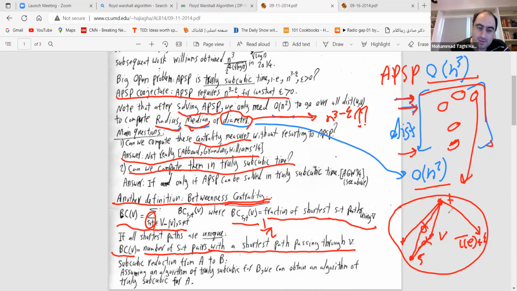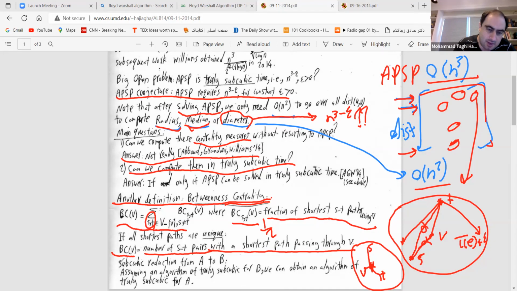So for any vertex V, over all these pairs, you just count the number of pairs S and T such that their unique shortest path goes through vertex V. This is called the BC of V. This is the betweenness that we are talking about: for how many pairs of vertices the unique shortest path between them goes through V.